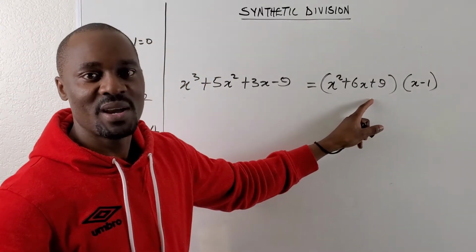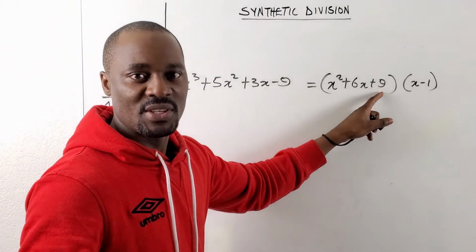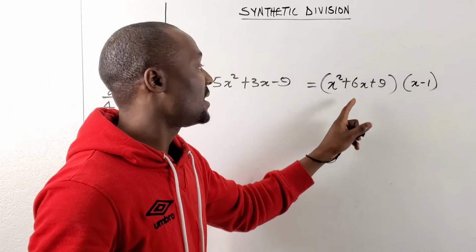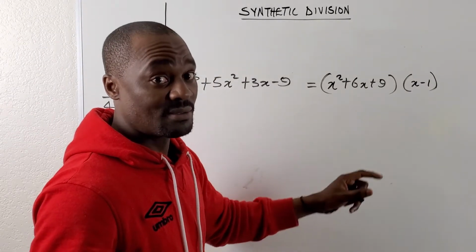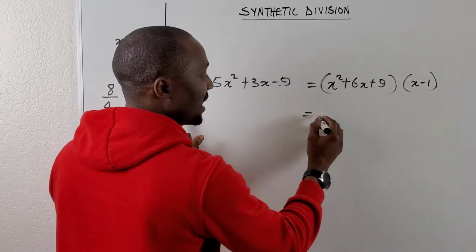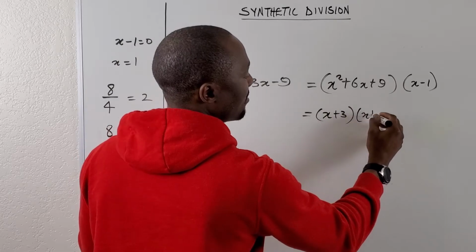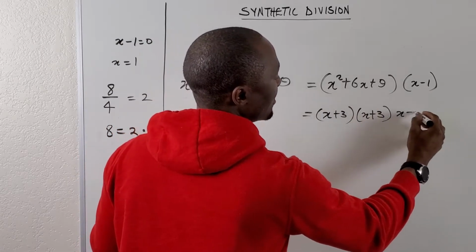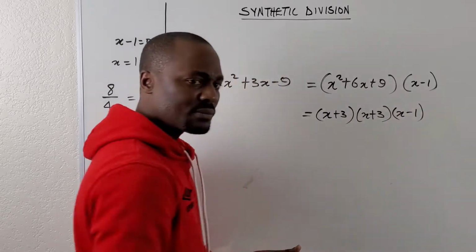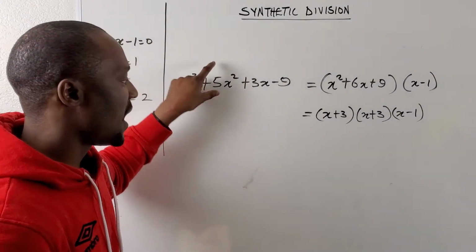This is a perfect square. Remember, if you factor, what two numbers will you multiply to get 9, but when you add them, you get 6? It's 3 and 3. So we can just factor this and say this is actually x plus 3, x plus 3, and x minus 1. That's your answer. If you break this down, you're going to get this.